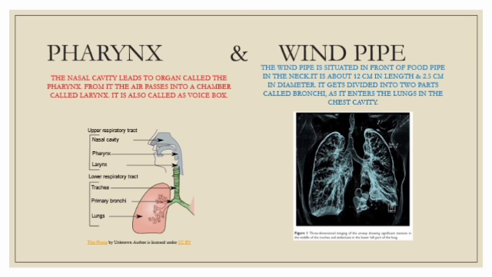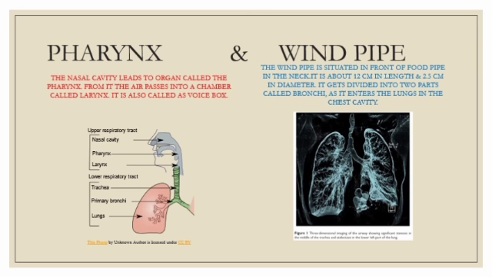The windpipe, or the trachea, gets divided into two parts, and these two parts are called bronchi.